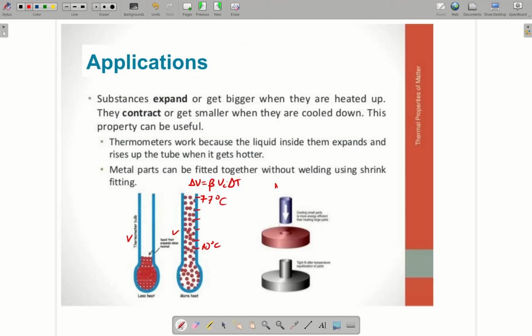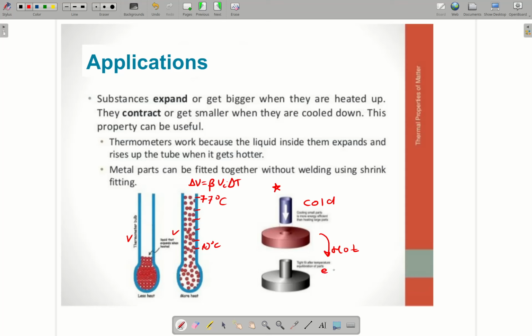In engineering, it's used in a very interesting fitting called shrink fitting. So they put two pieces together, one inside the other, that fits when cold. And then when you put these into a hot region, what will happen is that they will expand, right?